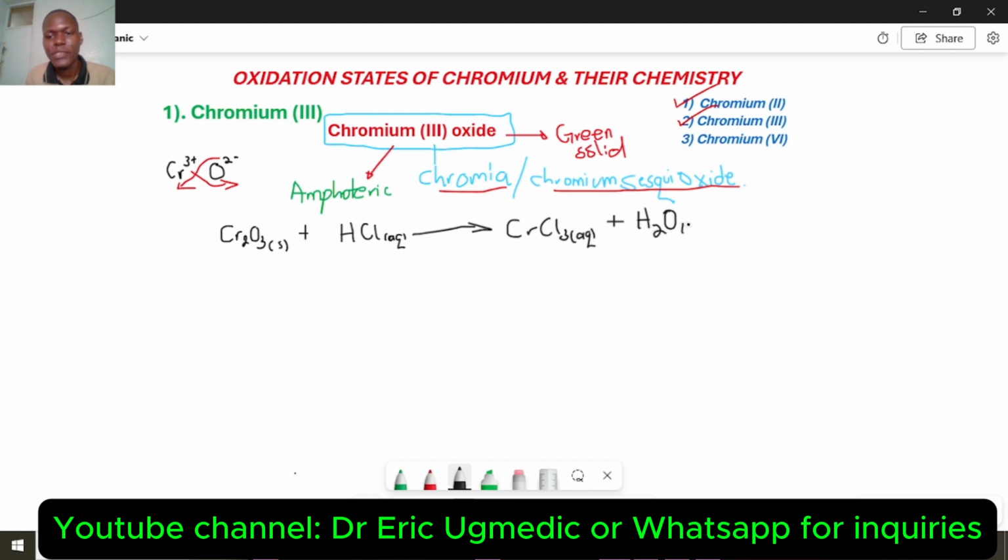So shall we balance this equation? Yes, we can. We have 2 chromium atoms on this side, meaning this side we should introduce a 2. But this is directly affecting the number of chlorine atoms, which means they are becoming 6, and I'll have to introduce a 6 here. When I introduce a 6 here, it will be directly affecting the number of hydrogen atoms, which means I have to introduce a 3 to make this side also 6.